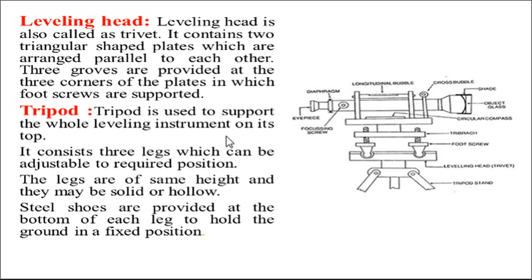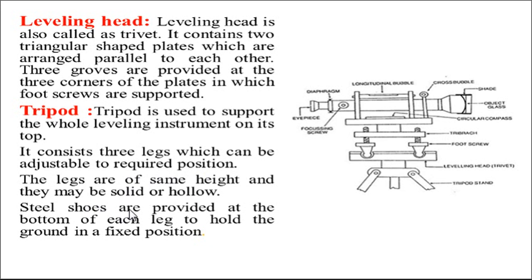So tripod is used to support the whole leveling instrument on its top plate. It consists of 3 legs which can be adjusted to required position. The legs are of same height and they may be solid or hollow one.